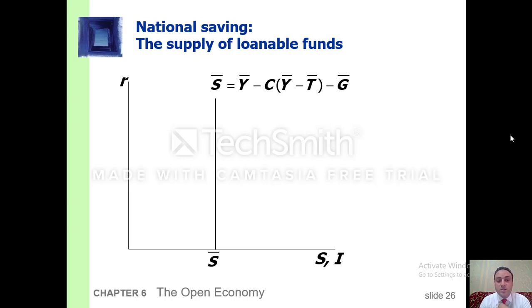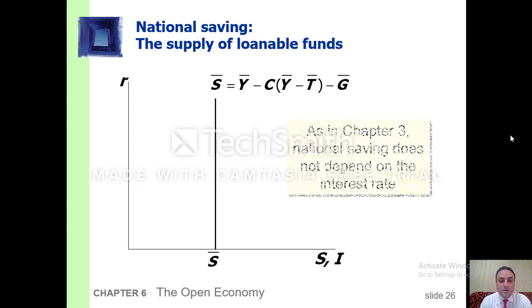Why? As we see, savings is equal to the income minus the consumption minus the government spending, and the remaining of this equation will be the savings. The remaining amount of money will be savings. So the savings in this case is determined by the amount of consumption and the amount of government spending.